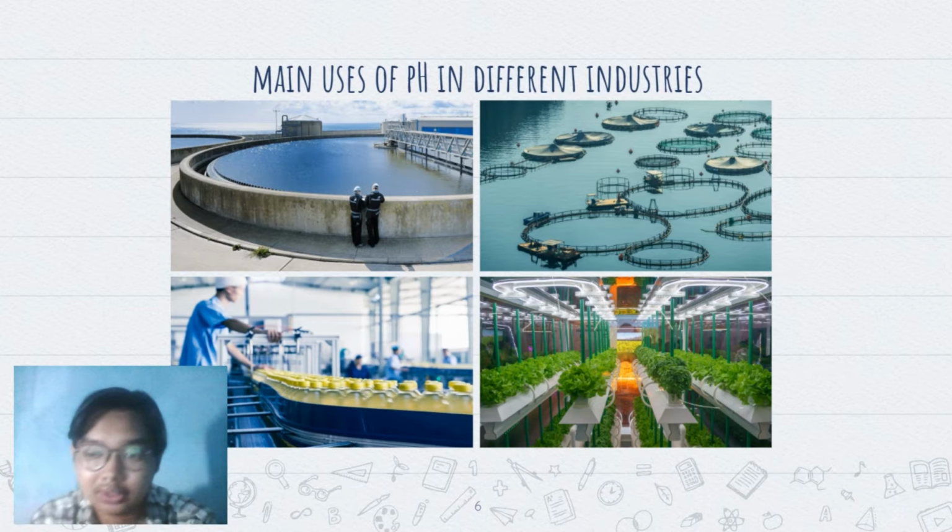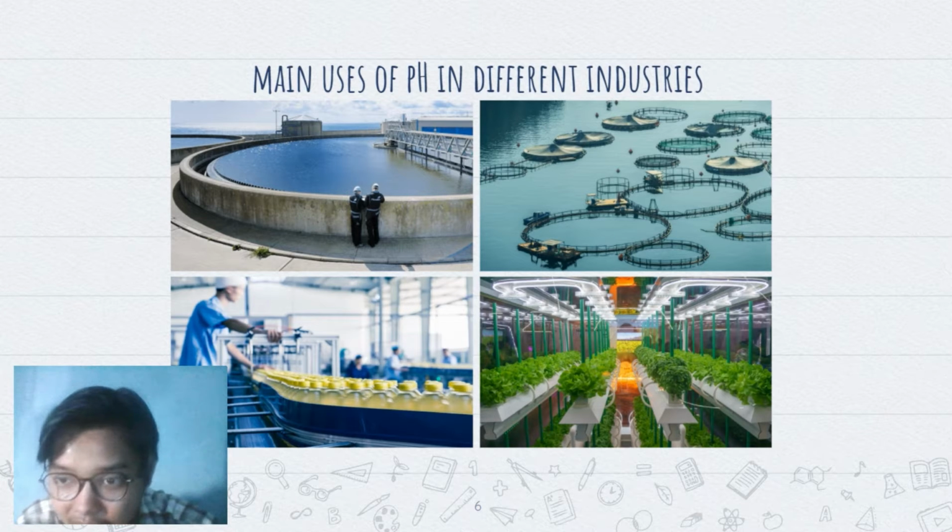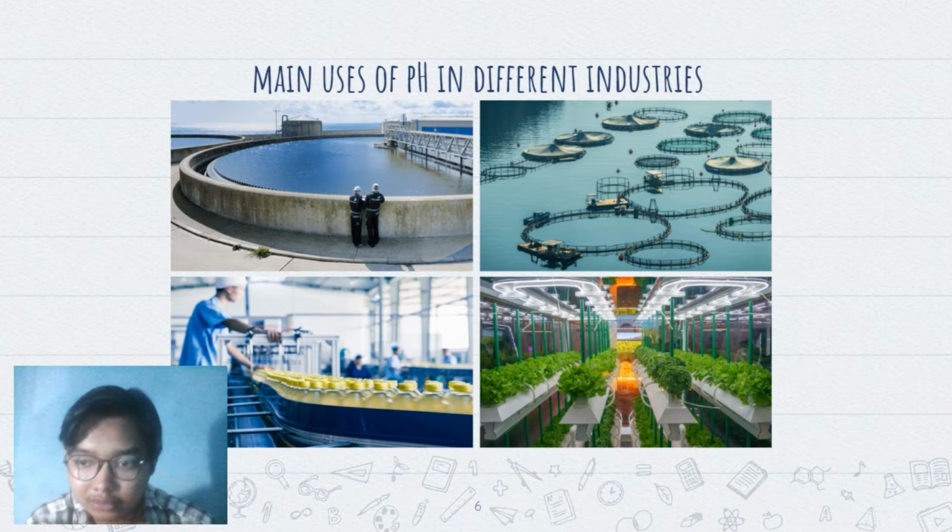And the last is the hydroponic industry, because the nutrient balance or pH level of the water or soil needs to be monitored, so we don't want the plants to die quickly. So pH measurement is also important in the hydroponic industry. We will go to the next slide.